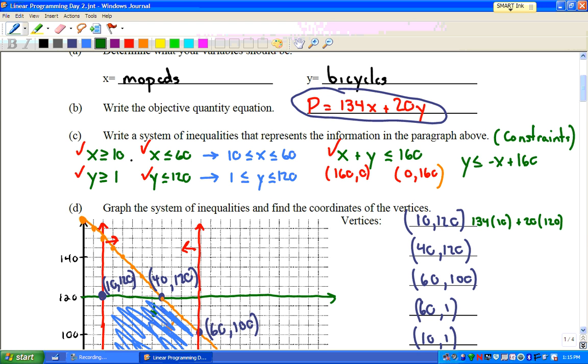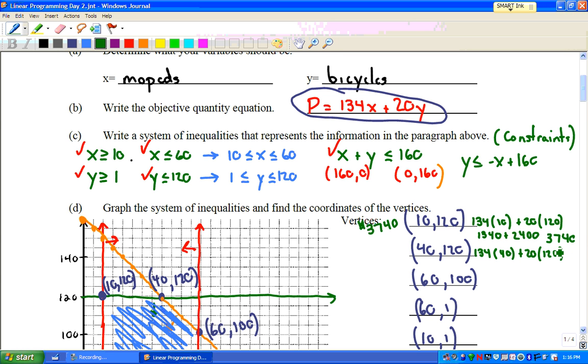All right, 134 times 10 gives us 1340, plus 120 times 20 would give me 2400. When we add that together, we end up with $3,740. So I'll write that right here, $3,740 for that combination.